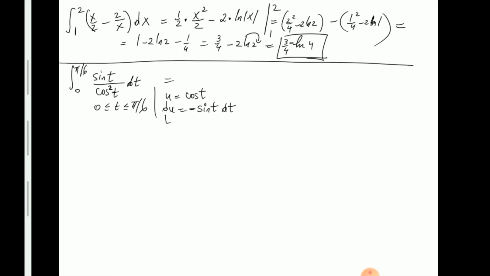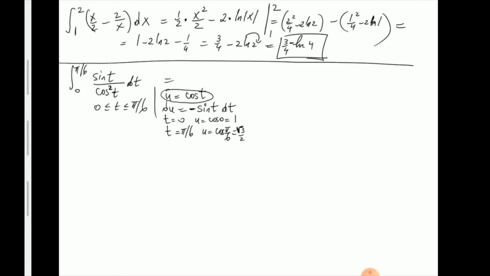If t was 0, you look at the substitution and you say u will be cosine of 0, which is 1. So the corresponding lower bound for u will be 1. If t equals pi over 6, the corresponding upper bound for u will be cosine of pi over 6, which is 30 degrees, and that's going to be square root of 3 over 2.